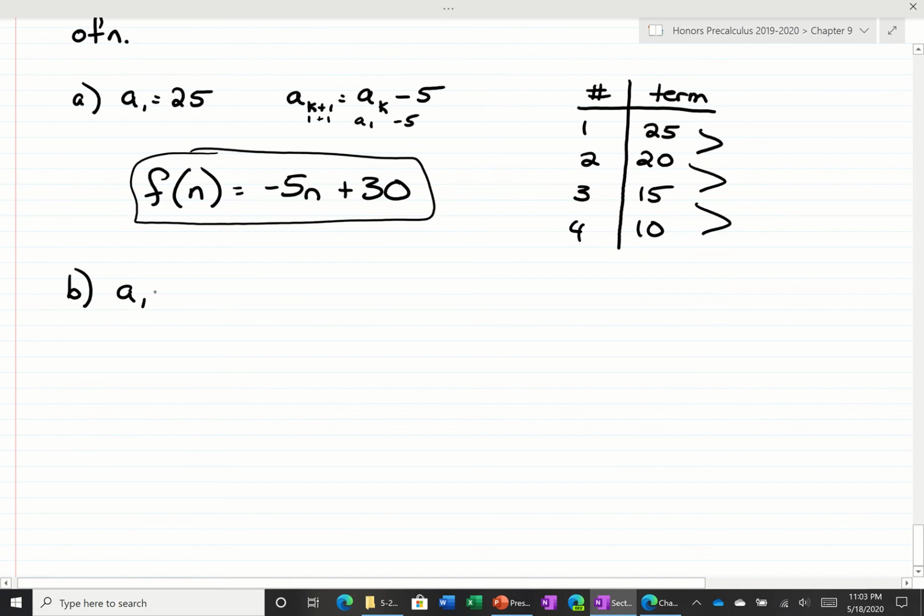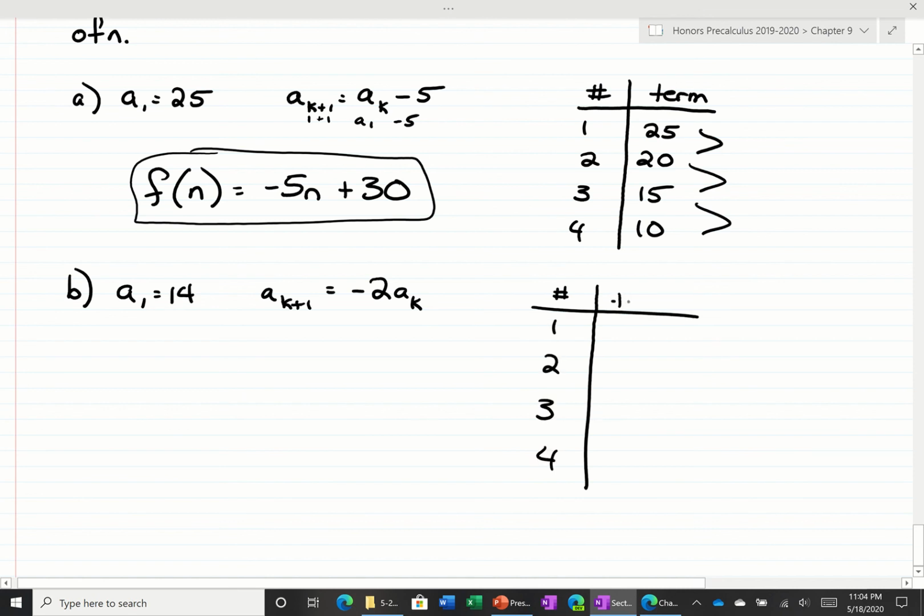What if a sub 1 was 14? And to get the next term in the sequence, we do negative 2 times the previous. All right, so the first one's 14. To get the next term, a sub 2, we're going to do negative 2 times a sub 1.